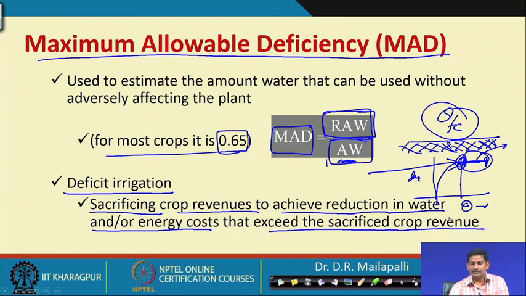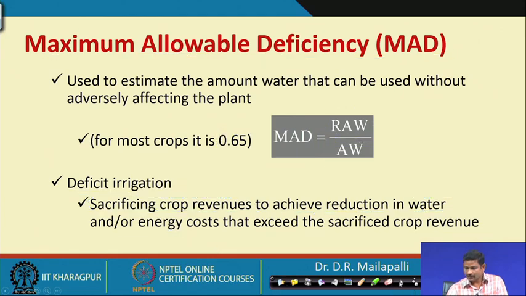So, you have some inputs, water and energy costs, which are higher, exceeding the crop revenue. If you can reduce that and sacrifice a little bit of crop revenue, that is not going to impact the farm economy much. That is called deficit irrigation.